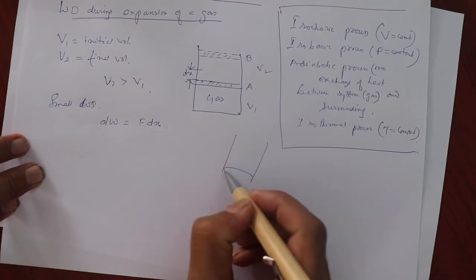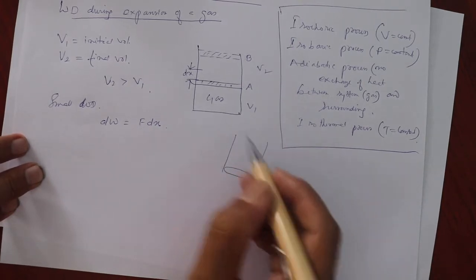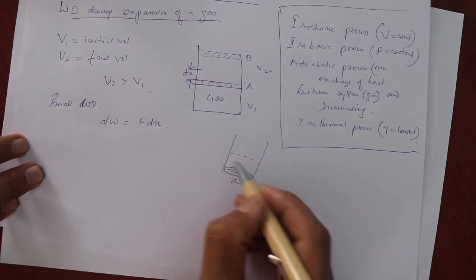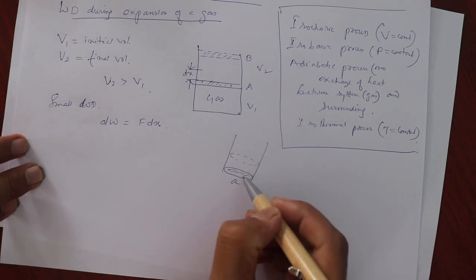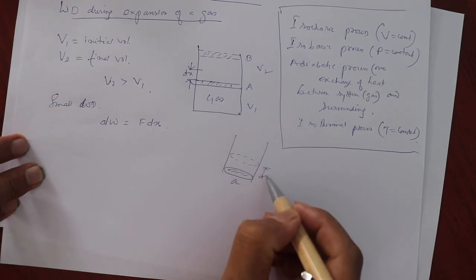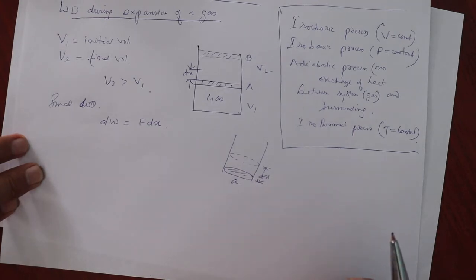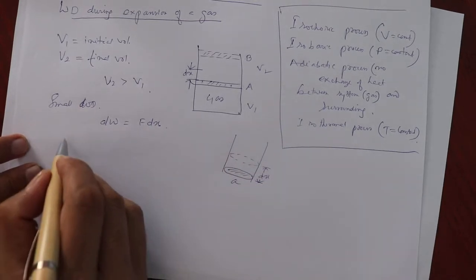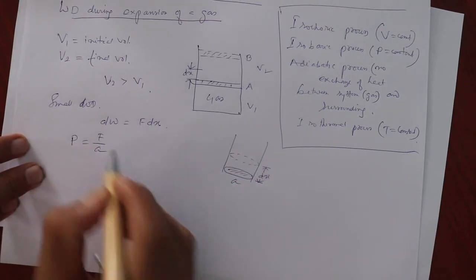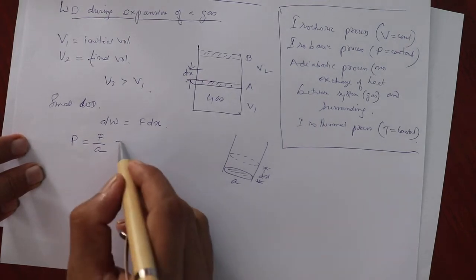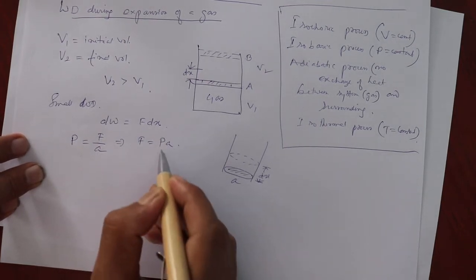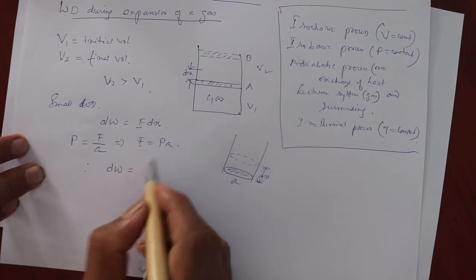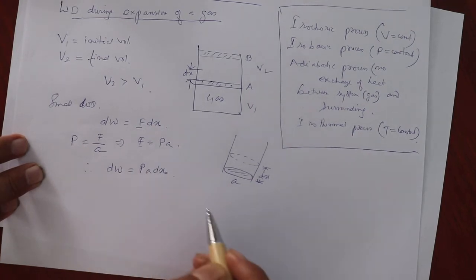Imagine this is your cylinder, and this is the piston having area A, and this piston is going to move through a small distance dx. So the work done is given by F dx here. Pressure is equal to force by area, so force is equal to P times A. Therefore your work done is equal to P A dx.